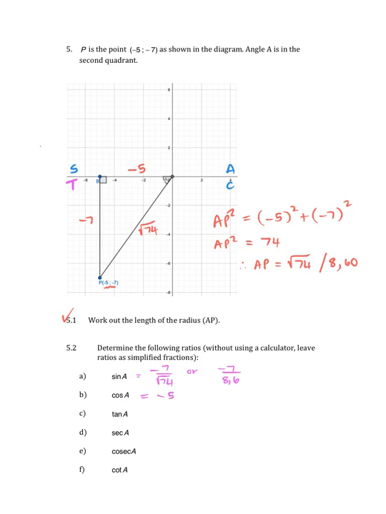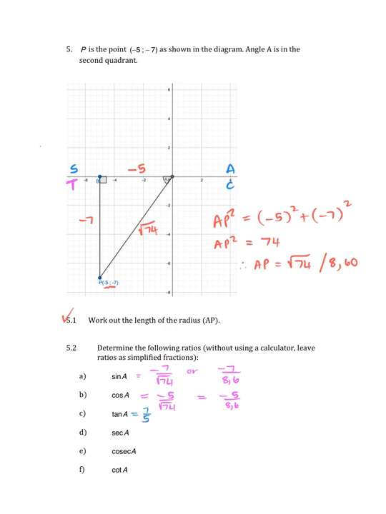X over r, or adjacent over hypotenuse. So negative 5 over root 74, or negative 5 over 8,6. Either would be accepted. Next one, tan we know is positive in quadrant 3. Opposite over adjacent, y over x. So negative 7 over negative 5 becomes 7 over 5.